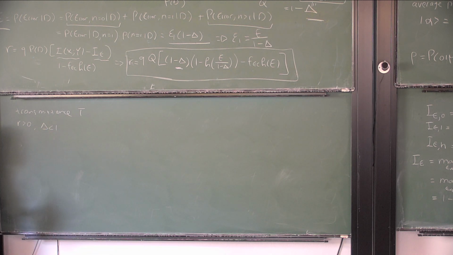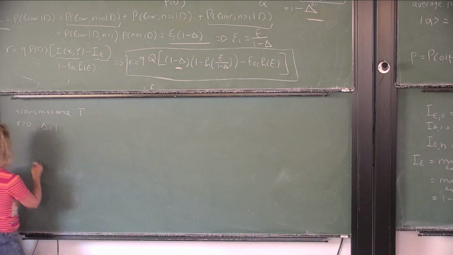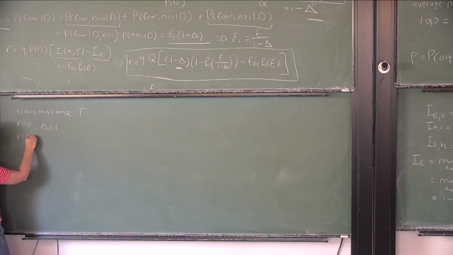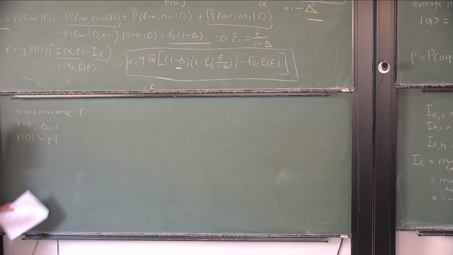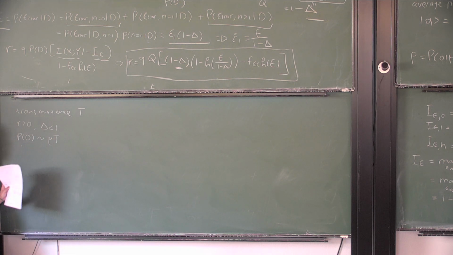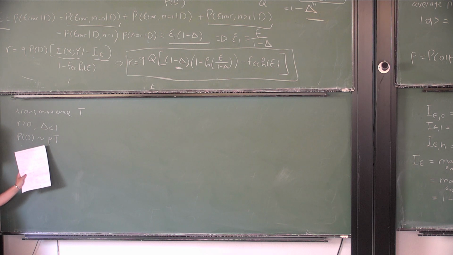Now if we consider what's happening in a realistic scenario, the gain Q, the probability of a detection event, is going to be proportional to mu and t. Does this make sense to everyone? What have I written here? The probability of a detection event is proportional to the average number of photons per pulse multiplied by the transmission efficiency. This is essentially what arrives at Bob's site.